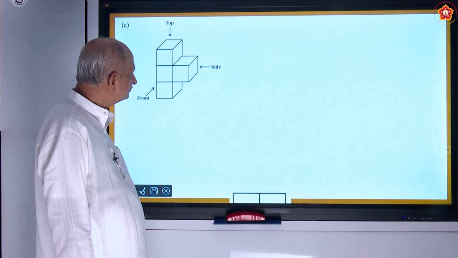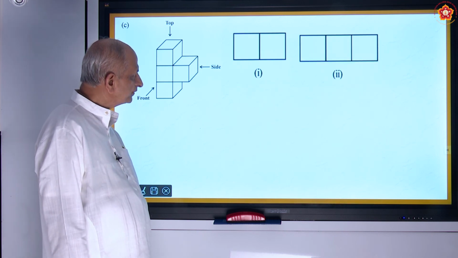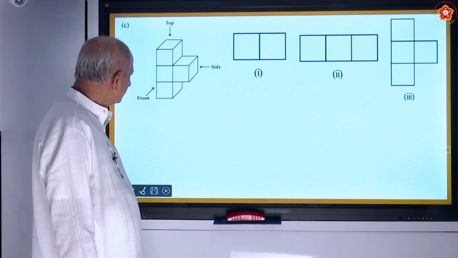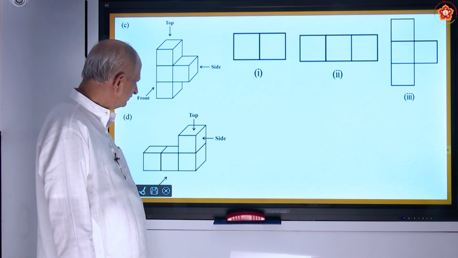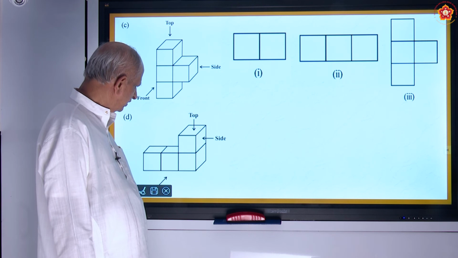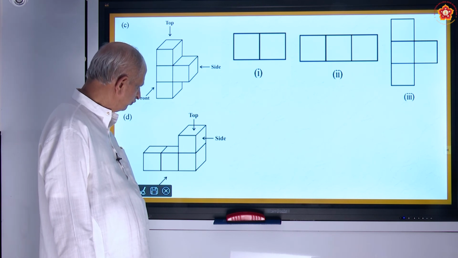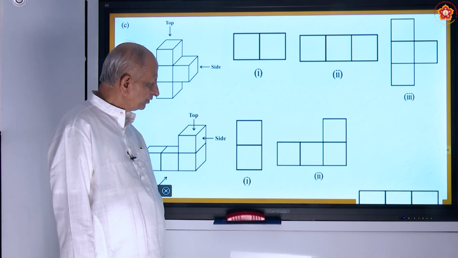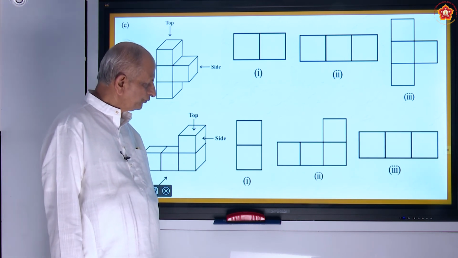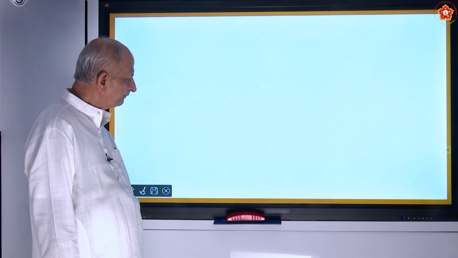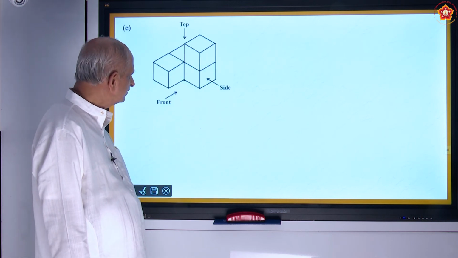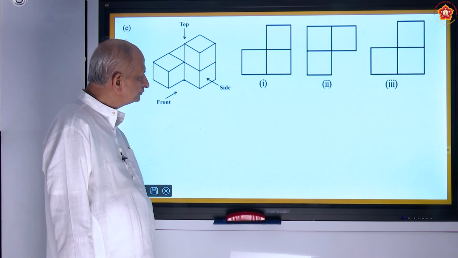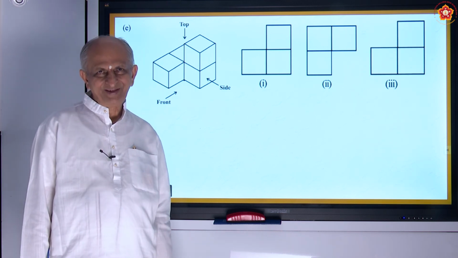Third question. You must tell what type of view it is. There are 4 cubes given, 2 plus 2, 4 cubes in a different combination. You must tell what type of view it is. Okay. Now second question. One more. Okay, you try to do it.